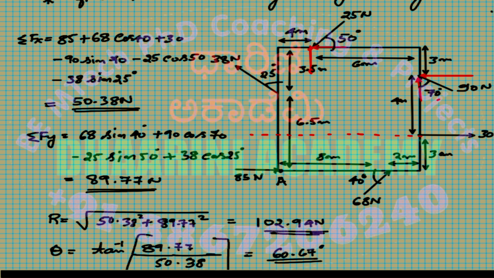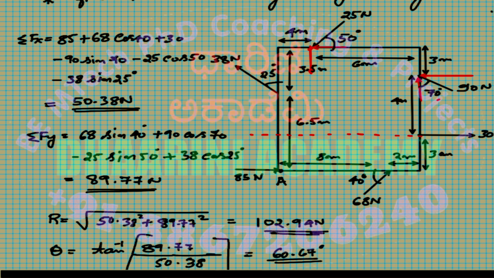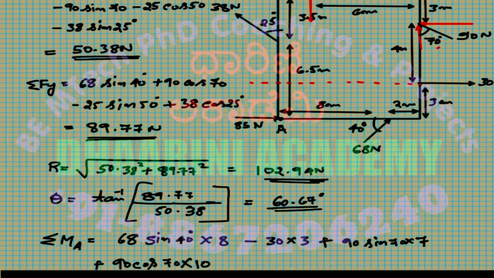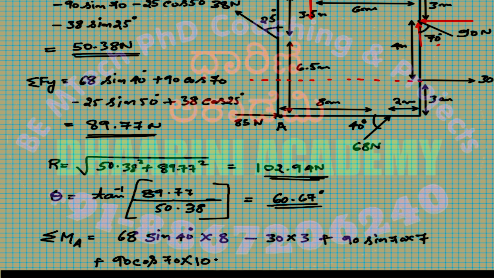So I have to consider the same thing, right? In this case, the horizontal component is making this rotate in an anti-clockwise direction. So anti-clockwise means it is positive. So plus, this is 20, right?